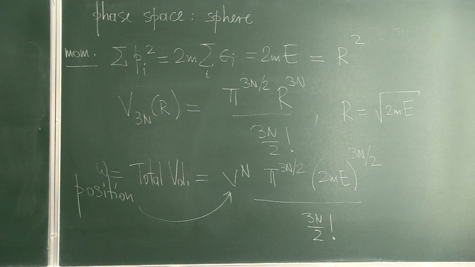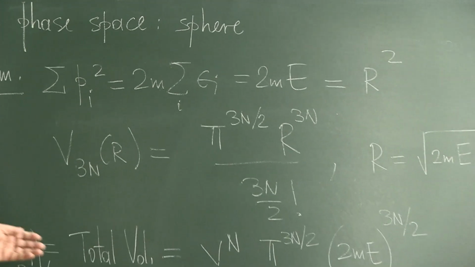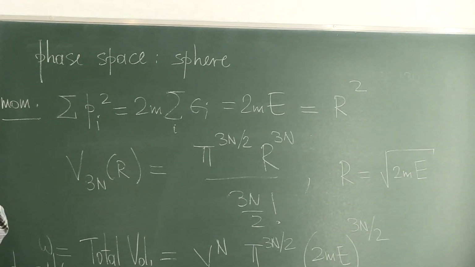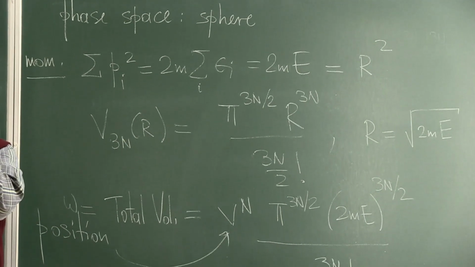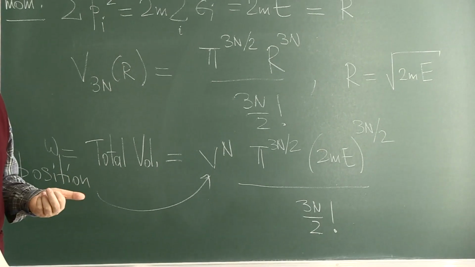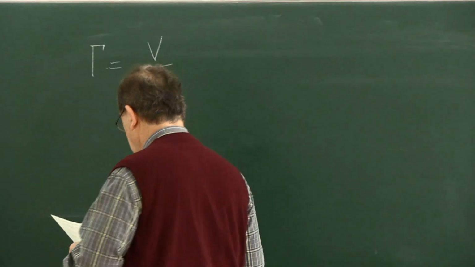Therefore, the number of microstates available to the system, well, I have to divide this by what? h cubed to the power n, isn't it? We have n particles. Per particle it was h cubed, so h to the 3n.